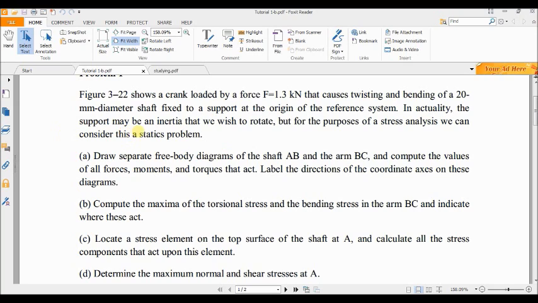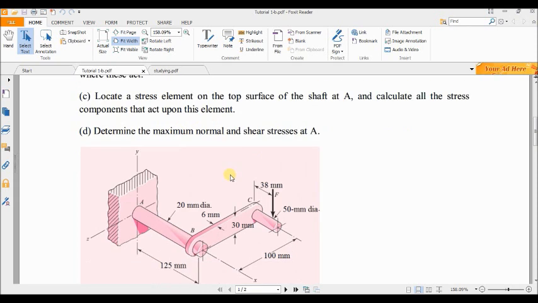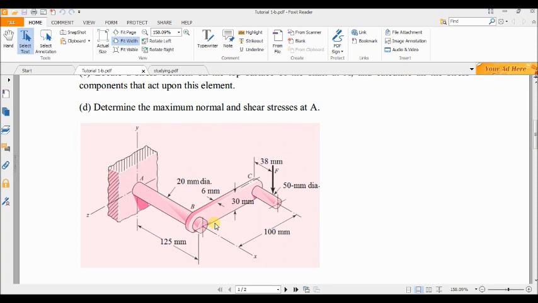The support may be an inertia that we wish to rotate, but for the purpose of stress analysis, we can consider this a static problem. So that means we will consider the system is fixed and maximum stress will be imposed to the system.